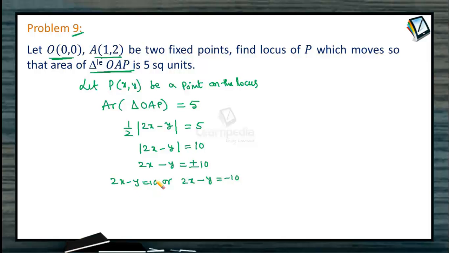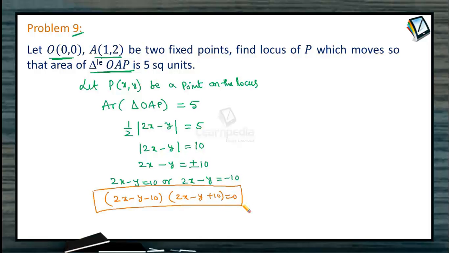So this or this can be put into one condition saying that (2x minus y minus 10) into (2x minus y plus 10) is equal to 0. So this becomes the equation of the locus. When you trace this on a graph sheet, you see that the locus is a pair of parallel lines. I just leave this to the students.